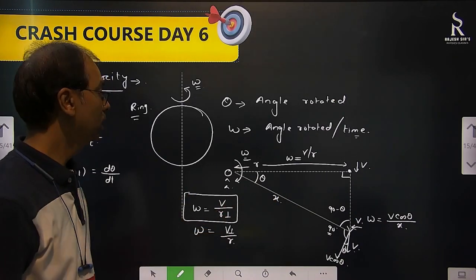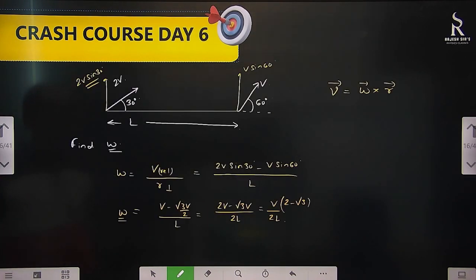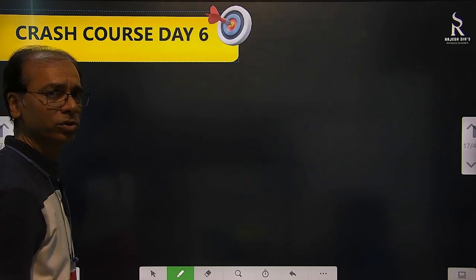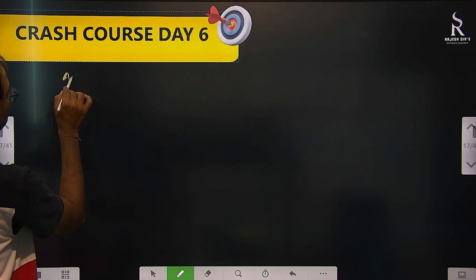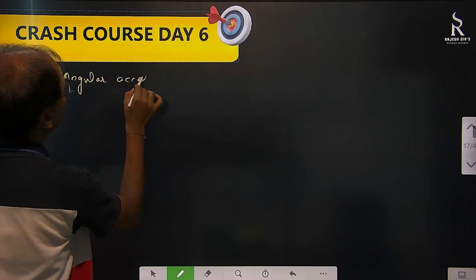Okay. So V, R and omega relation. This is angular velocity. Same way angular acceleration is also there. So what is the angular acceleration relation? Angular acceleration has a relation with tangential acceleration.